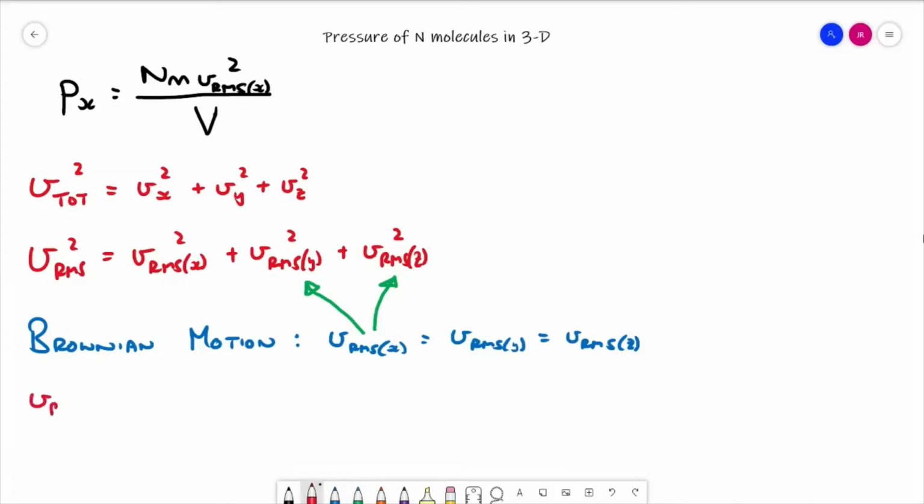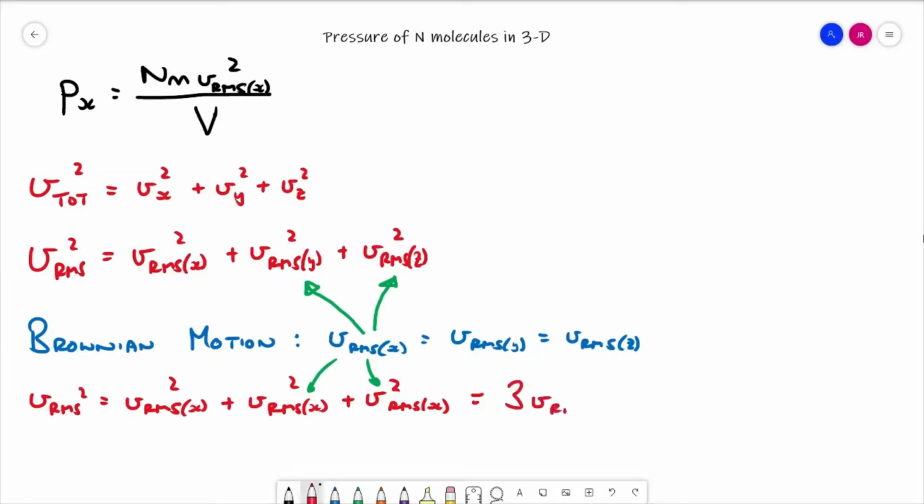So we end up with VRMS squared is equal to VRMS in the x direction squared, plus, with the substitution, VRMS in the x direction squared, okay, so that's substituting in for y, because of course those two things are equal, plus v squared for the RMS in the x direction. So we've got 3 of exactly the same thing.